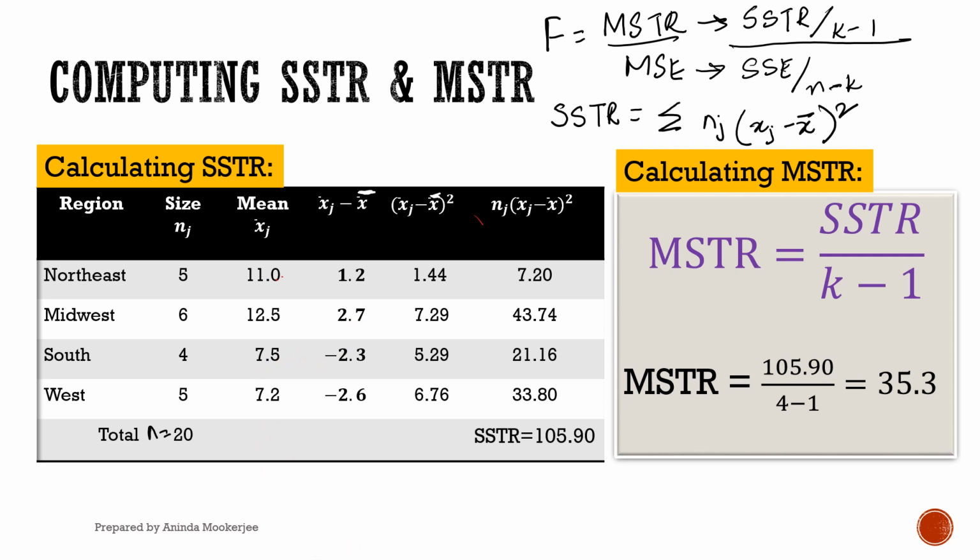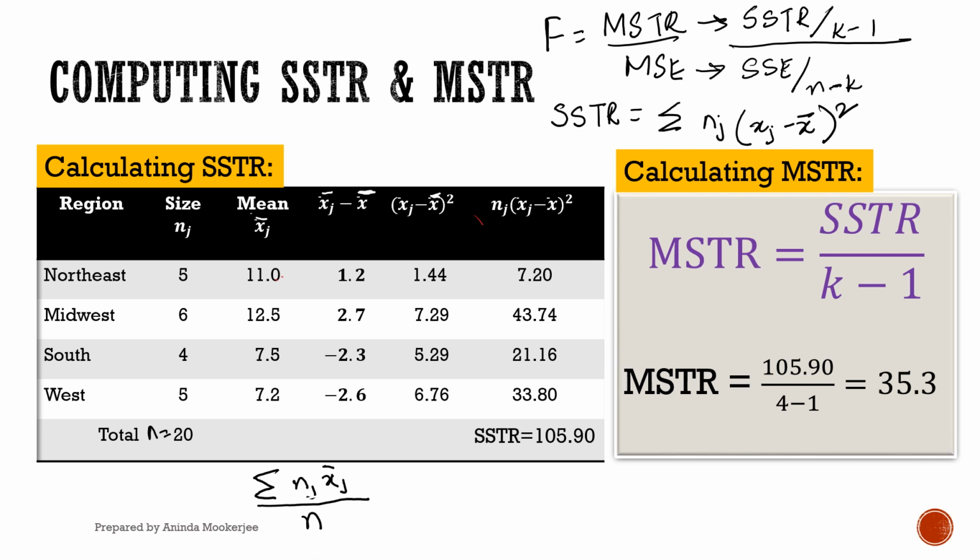It's sigma n sub j multiplied by x bar sub j, over n, and that n in the denominator is the total sample size.